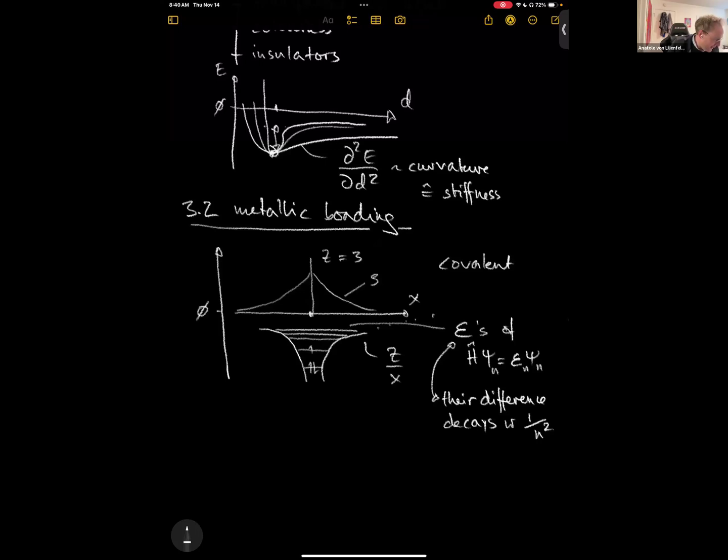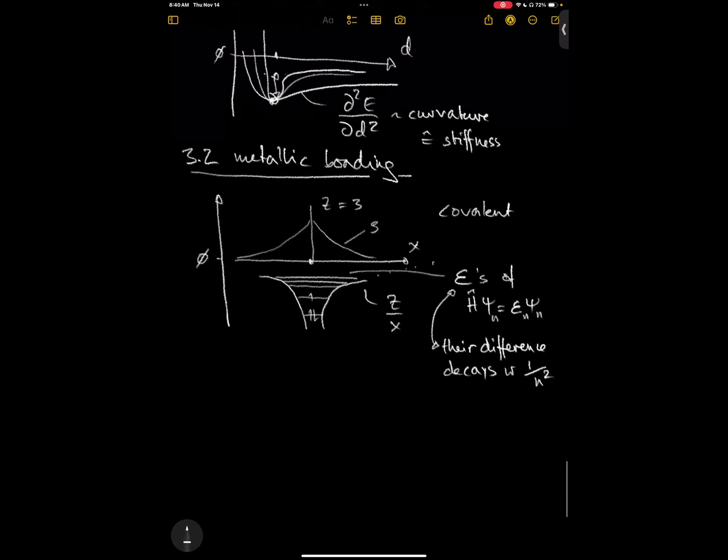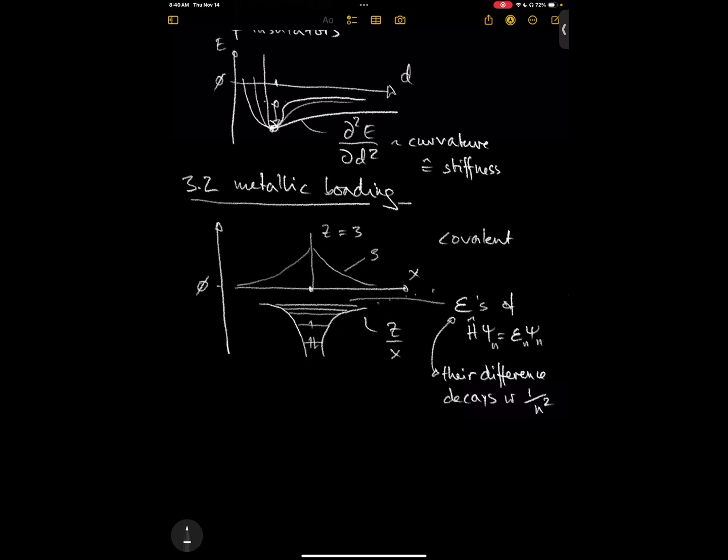Now we go to a metallic element. So before we do that, let me just summarize.